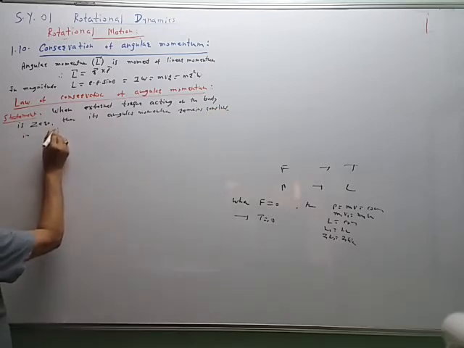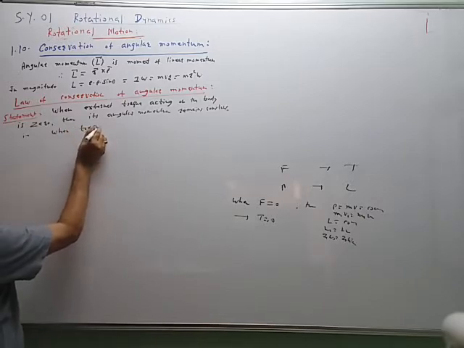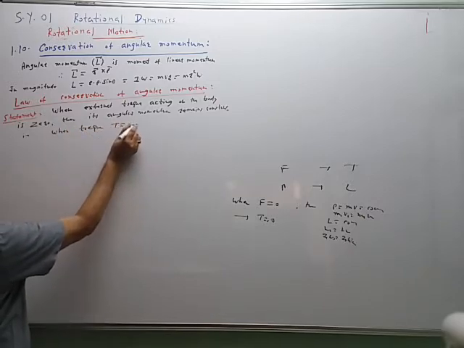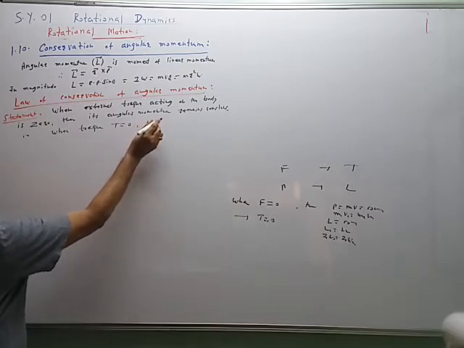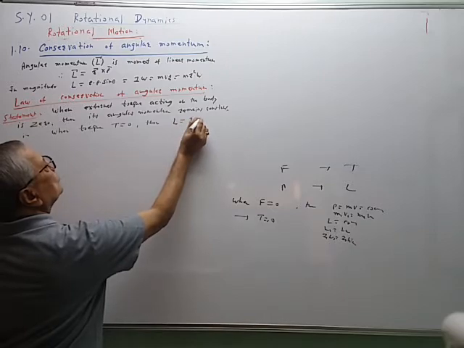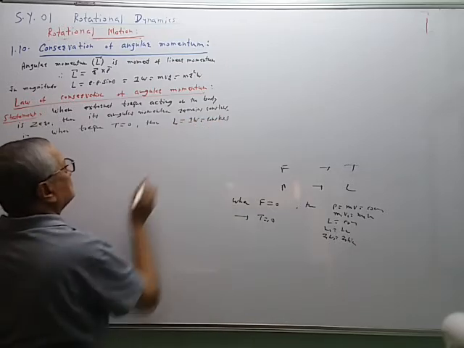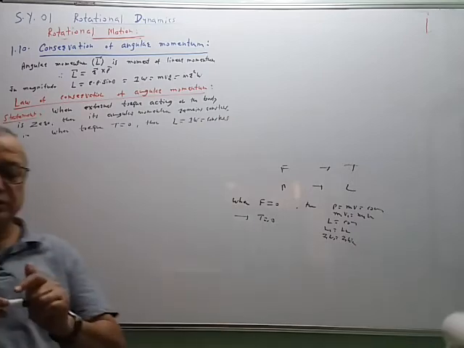Mathematically, you can write like this: when torque T is equal to 0, then angular momentum L is equal to I into omega is equal to constant.